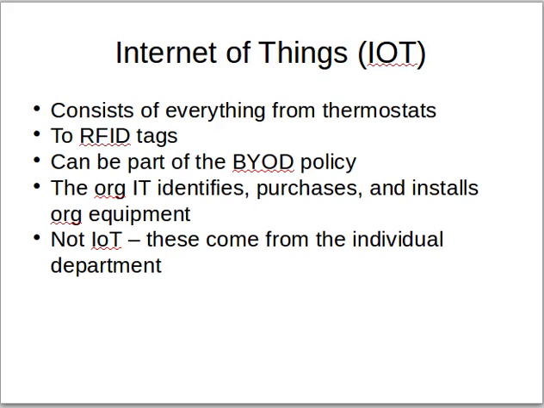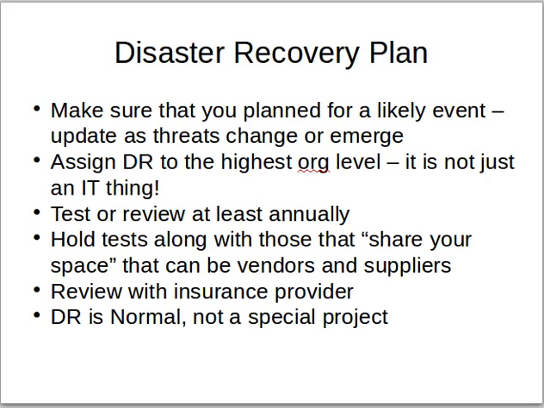So, Internet of Things. You need a policy. You need an MIS policy on bring your own device on Internet of Things. Here's another policy that the MIS needs, a disaster recovery plan. For example, make sure that you plan for likely events.